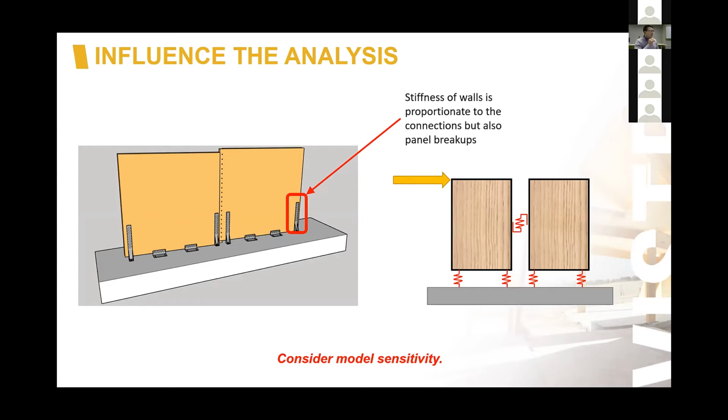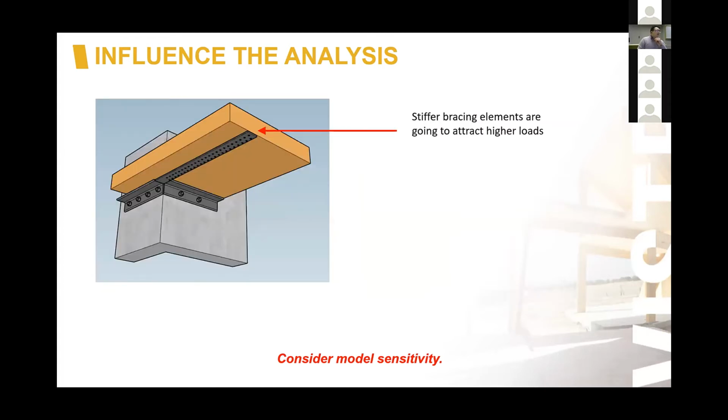Also, coupling walls, or breaking walls, splitting walls and trying to rejoin them, they don't couple very well. It's not like having a concrete element where you put a wet joint in it. The screws are still quite soft, so it's best to model those elements with a series of springs like I've diagrammatically shown there.